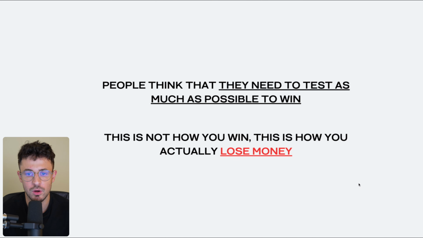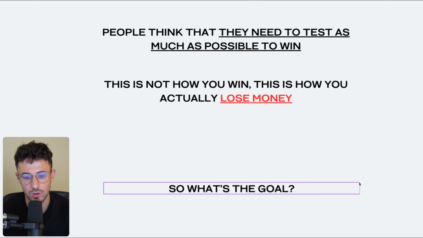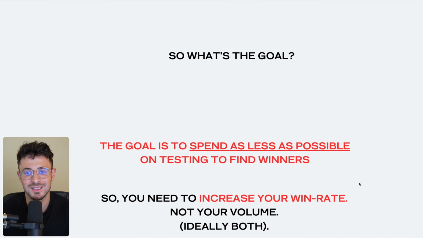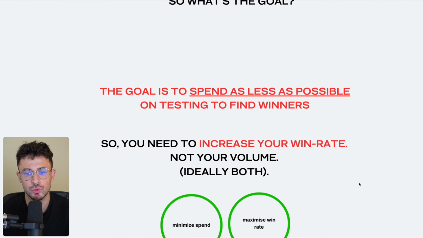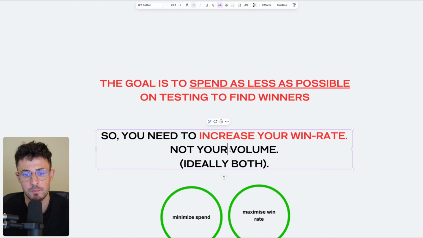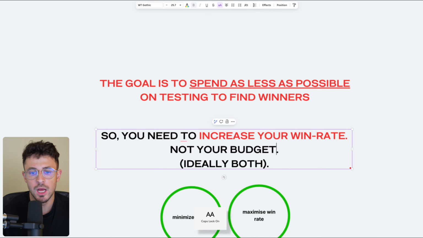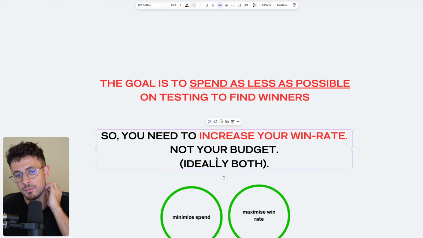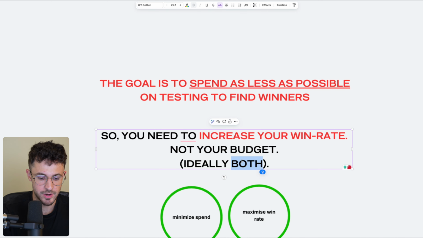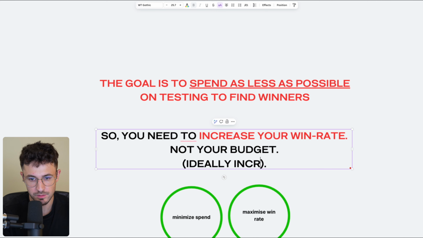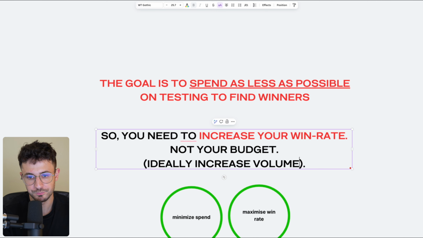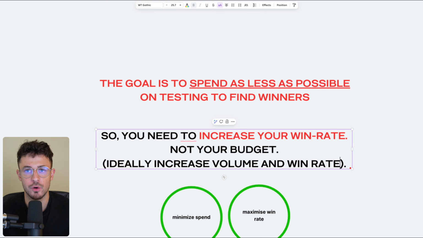So the real goal of testing is not to spend as much money as possible on testing, but to spend as little as possible to find winners. So what you want to do is increase your win rate, not your budget. Ideally you want to increase both volume and win rate, of course.